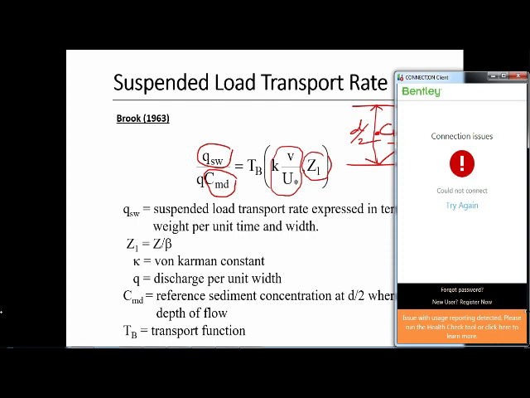So per meter, right? So Z1 is the one that you can determine from the Chen's graph. But in this case, your beta should be lesser than 1, and it will be given to you. So similar also to the Kalinski, Brooke also comes out with this graph between this Z1 and these transport functions or sediment transport.